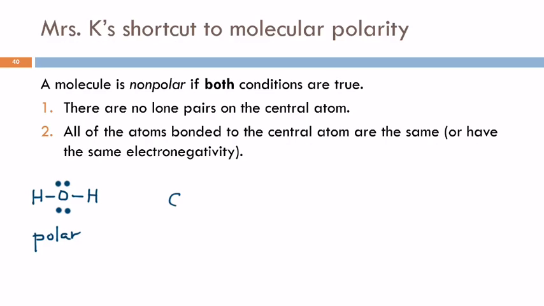How about carbon dioxide? There's the Lewis structure. Are there lone pairs on the central atom? No. Okay, we got condition 1. Are both atoms bonded to the central atom the same? Yes. So this is nonpolar. That's easier, huh?